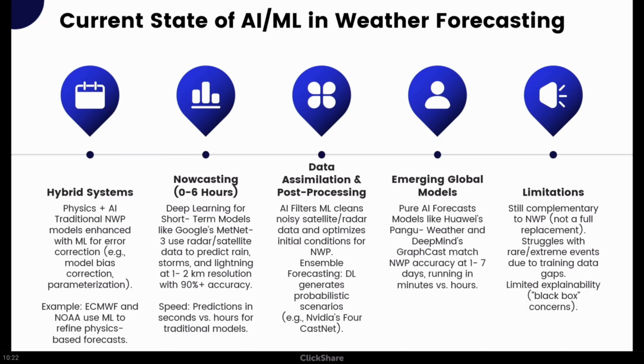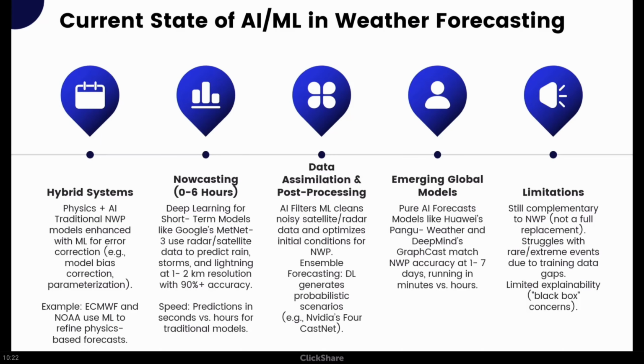And an ensemble model can be made in other ways, like using multiple physics, because as I already discussed about parameterization schemes, we have so many parameterization schemes. So we can opt for different schemes, and that's how we can get different runs. Thirdly, we can use different boundary conditions also. By these three ways, we can generate ensemble predictions, and nowadays using ML also, we can generate probabilistic forecasts. Fourth, global models.